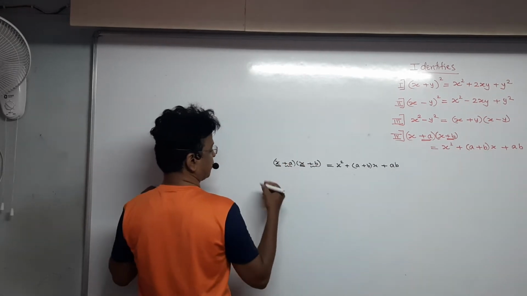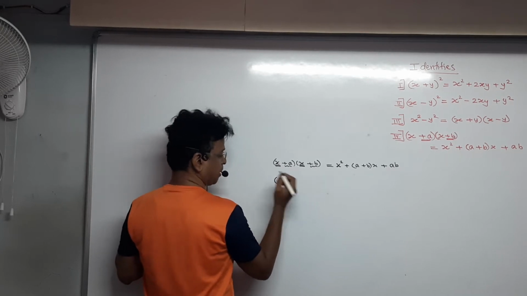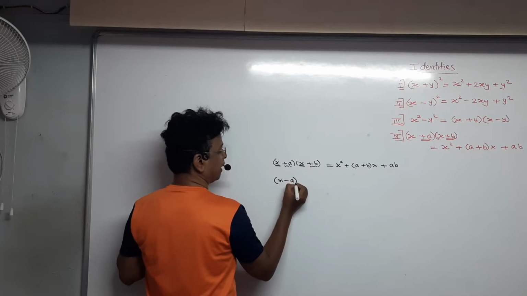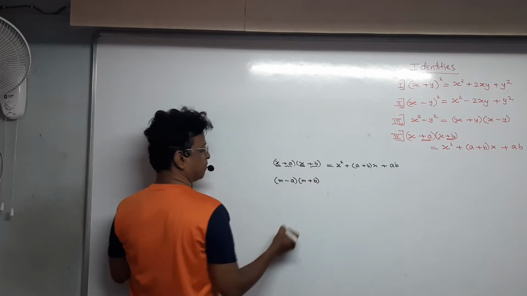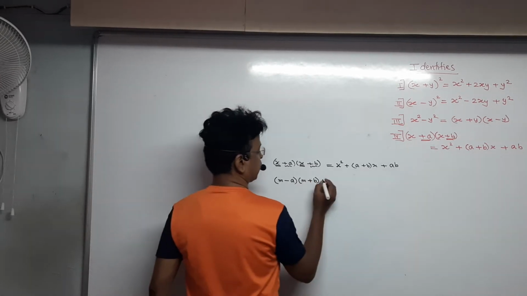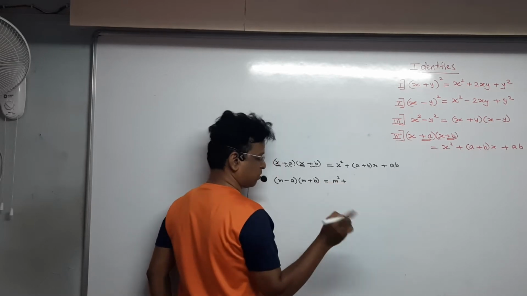Means this I will multiply. For example, now I will change this. Supposing it would have been (m minus a) into (m plus b). You will first write m square. This is always plus.